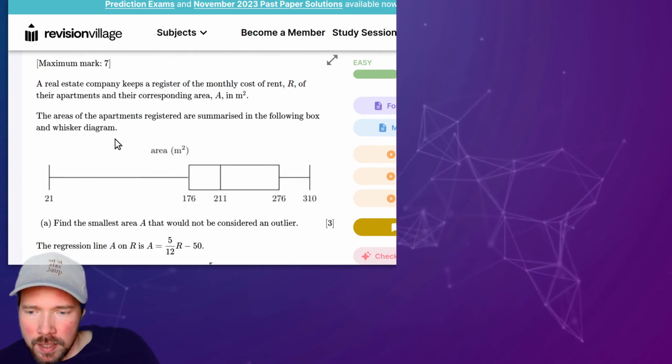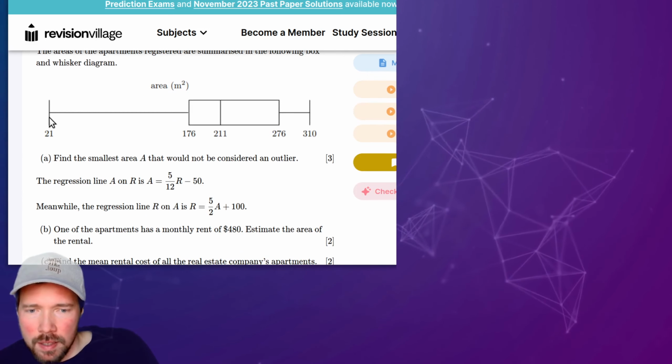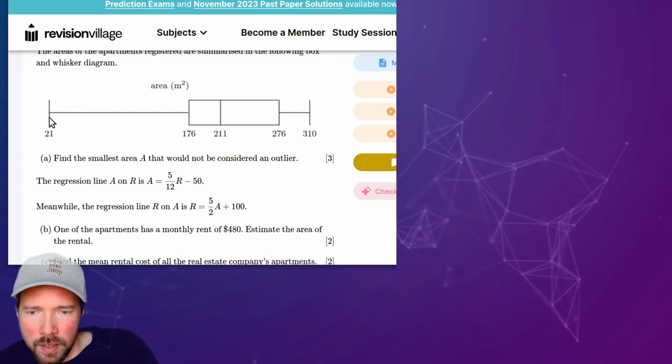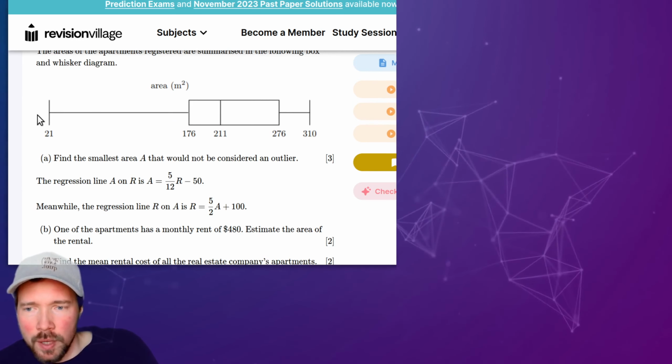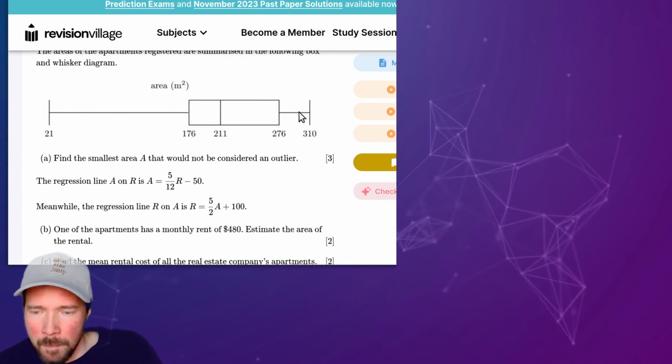So in this case, I'd say that 21 is the smallest area that would not be considered an outlier. Anything smaller than this or larger than this would be considered an outlier.